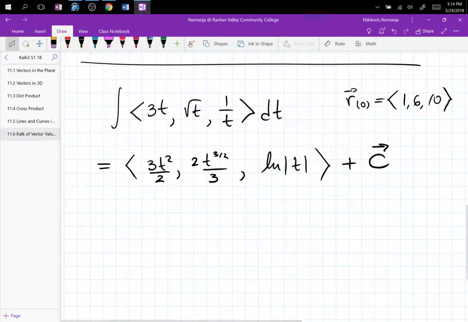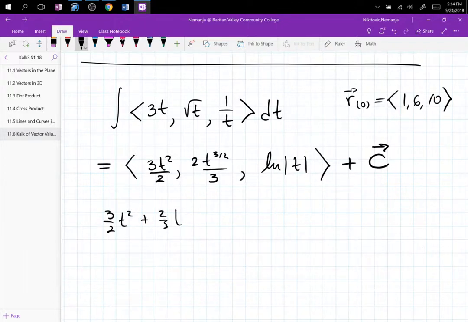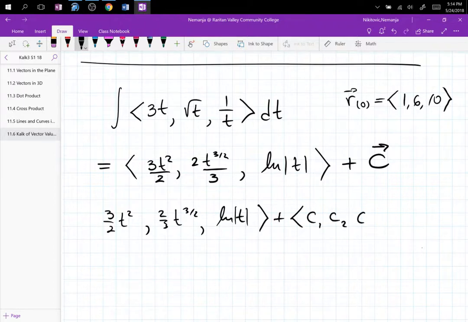Now I can use the initial value to calculate all of this. So what do I have? I have 3/2 t squared, comma, 2/3 t to the 3/2, comma, and then ln of absolute value of t, plus C1, C2, C3 equal to 1, 6, 10.